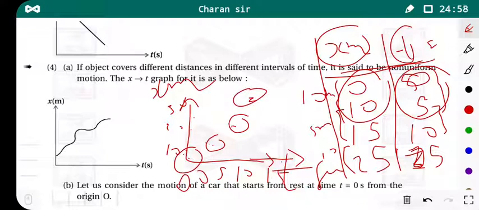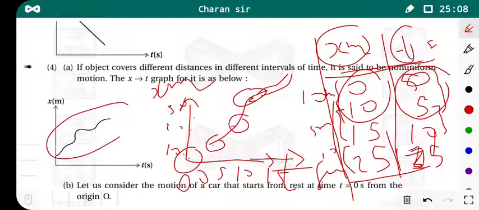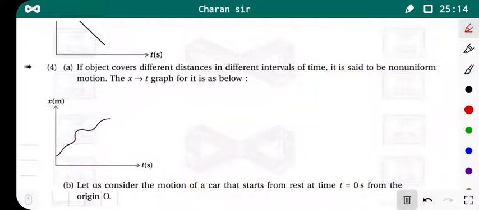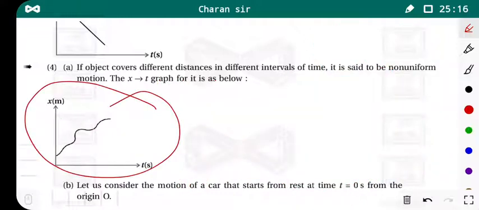So this is not a straight line, your object will move like this. Whenever you take more examples, more data of positions and times, you get a graph like this. You will not get a straight line. So from this graph we conclude that this is the graph for an object moving with non-uniform velocity, or non-uniform motion.